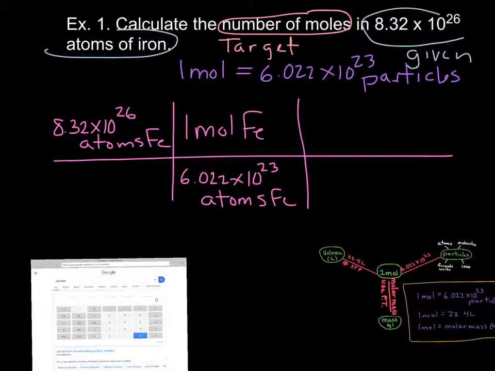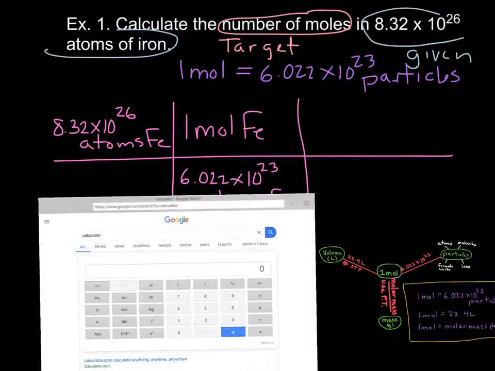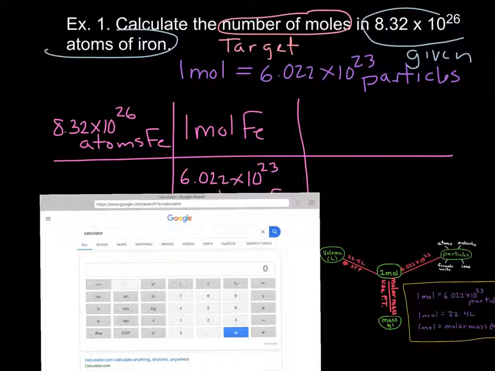Unit, chemical. Okay? Now for those of you still struggling with the calculator, I pulled one up here today for us to look at. And we take our given, 8.32, and we're going to use the EXP button, 26, and we're going to divide it by 6.022 EXP 23.